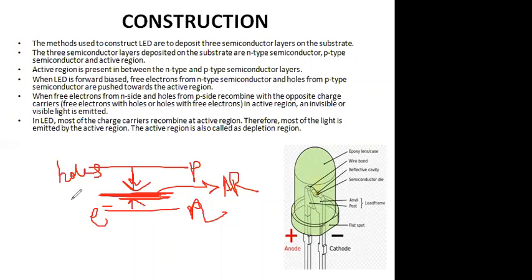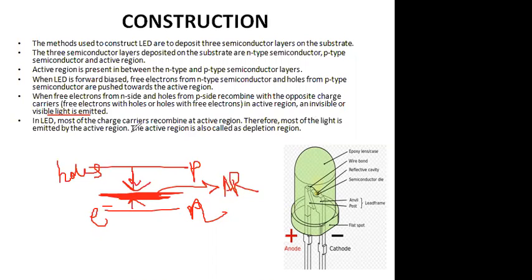When the free electrons from the N side and holes from the P side recombine with the opposite charge carriers in the active region, either visible or invisible light is emitted.